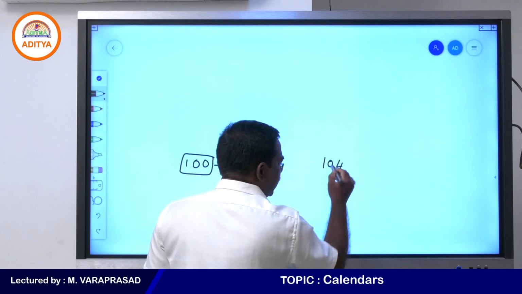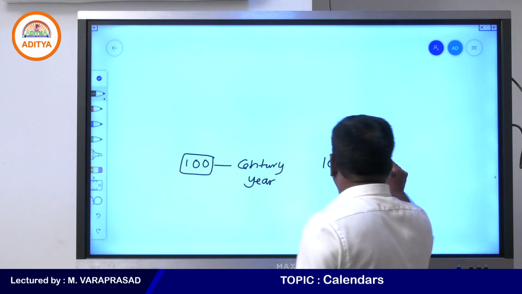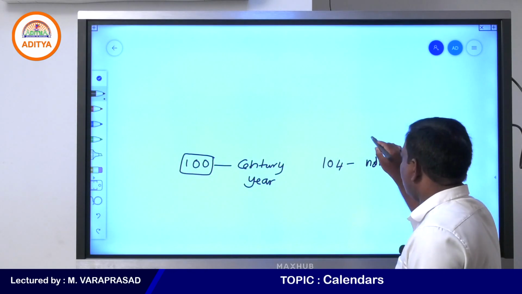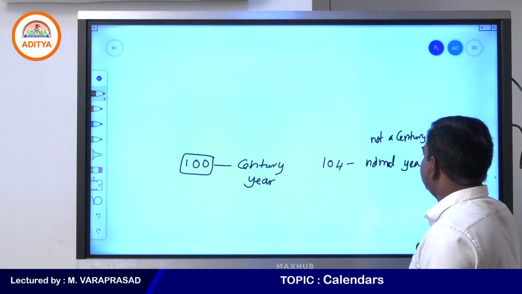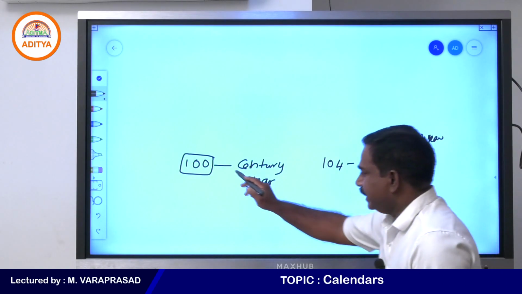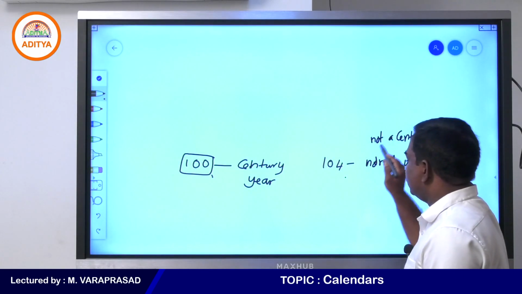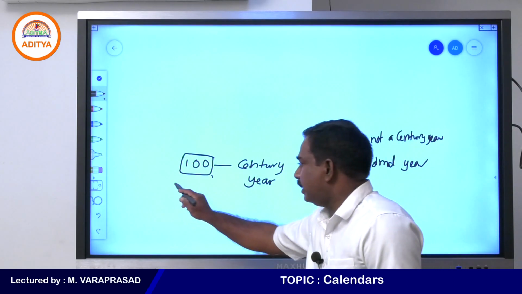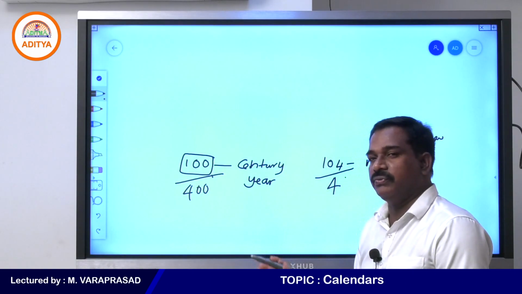104 is a normal year, not a century year. This is a century year, this is not a century year. When a century year is not given, you need to divide by 4. When a century is given, you need to divide by 400. A lot more difference is there for 100 and 104.